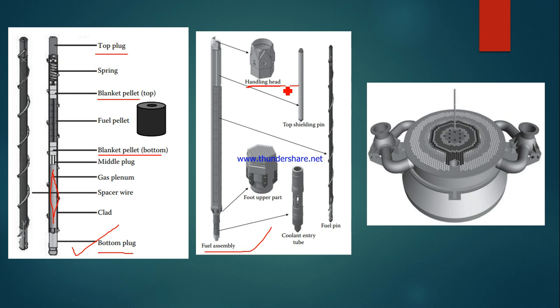During that, the transfer arm will take the fuel and it will be located by the proper rotation of the small and large rotatable plug. This subassembly will be placed in the particular position, which we all know. And this is the top shielding pin, and this is the grid plate. On the grid plate, this is a single subassembly, and how it will be fixed.